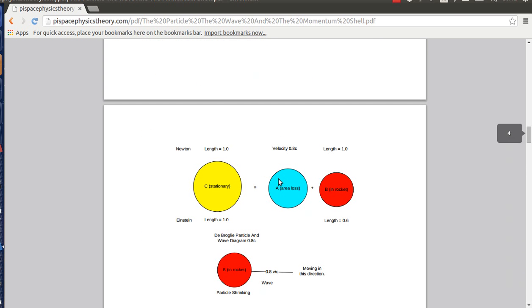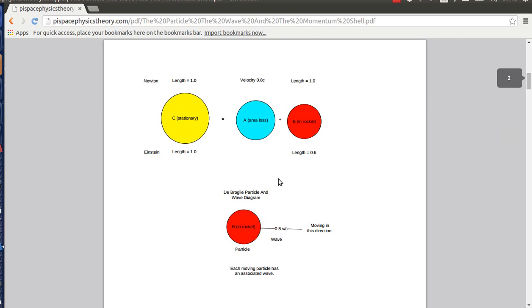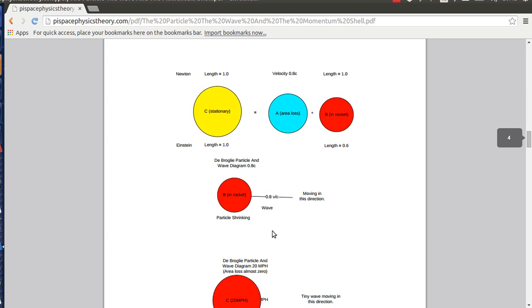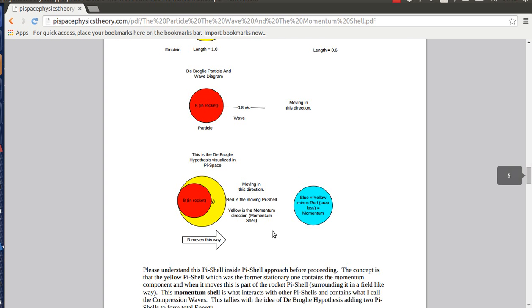We start out with the idea of a particle. We start out with the idea of the stationary object, the area loss, and the rocket, and then we end up with the concept of the particle and the wave. And then what we evolve in the document is the idea that this section of area here is actually the momentum shell, and this helps guide and remember the direction that the pi shell wants to move in.